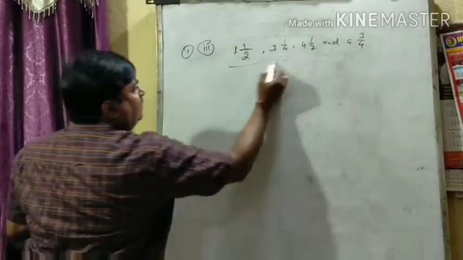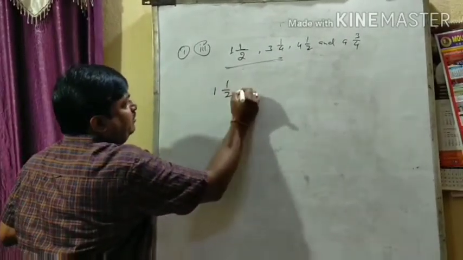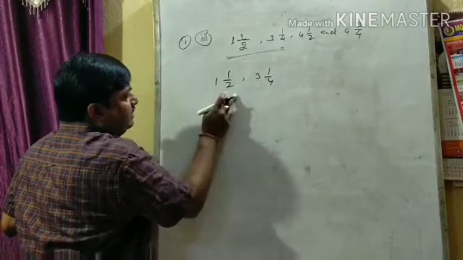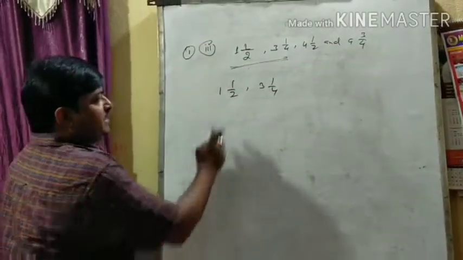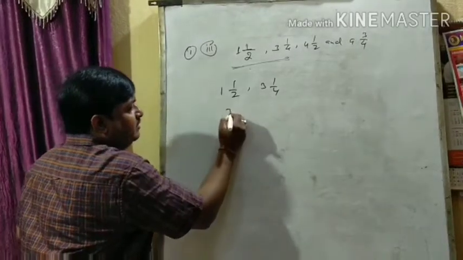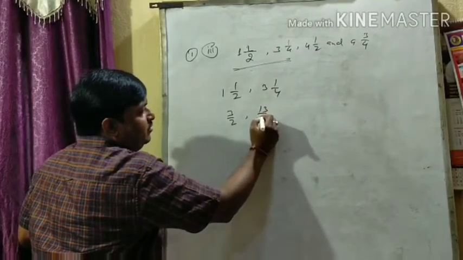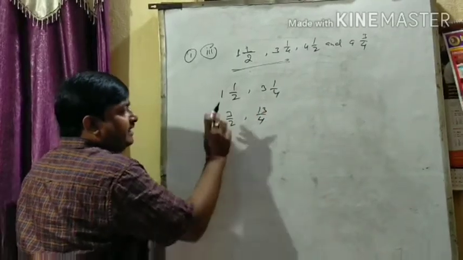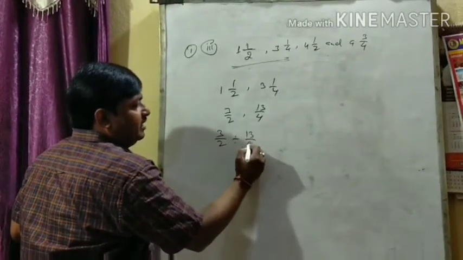Let's find the ratio between the first two quantities, 1 whole 1 by 2 and 3 whole 1 by 4. First of all, we will convert these into improper fractions: 2 1s are 2 plus 1, 3 by 2; 4 3s are 12, 1, 13 by 4. So we will find the ratio between these two quantities, that is 3 by 2 divided by 13 by 4.